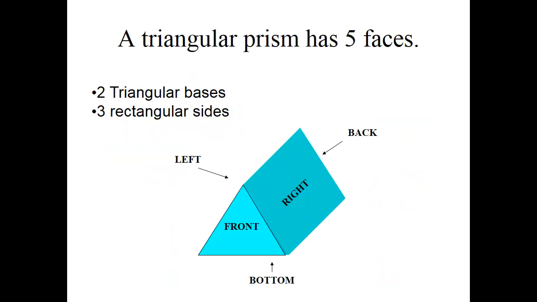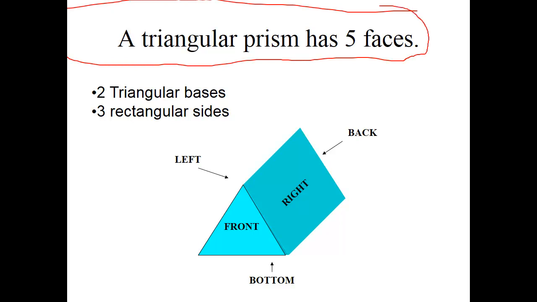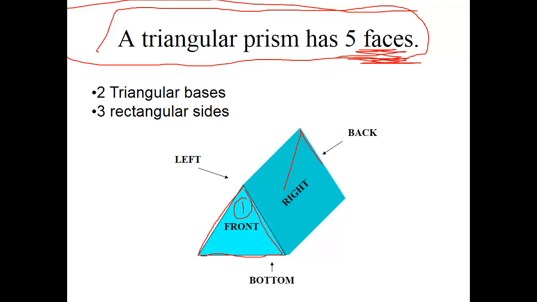The triangular prism consists of 5 faces. Remember how many faces? 5 faces. Two are in the front and in the back. One is a triangle, and the other is a triangle also.